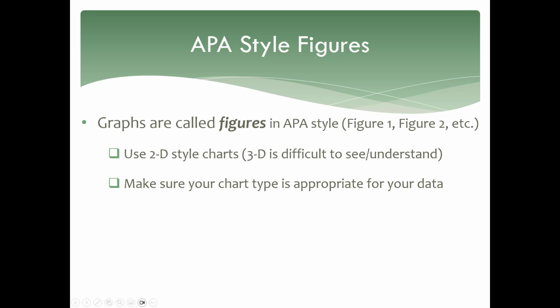You will want to generally use a 2D style in Excel because 3D style can be very difficult to understand or see for an audience. And you also, of course, want to make sure that your chart type, whatever you select, is appropriate to your data so that the audience will quickly understand what you're graphing and will not have any reason to be confused. And so please do follow these recommendations when you insert charts as figures in your APA style writing.